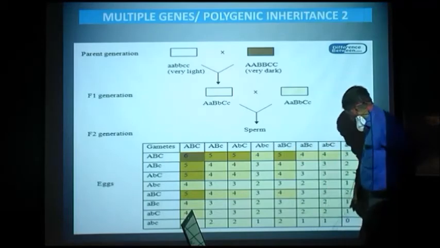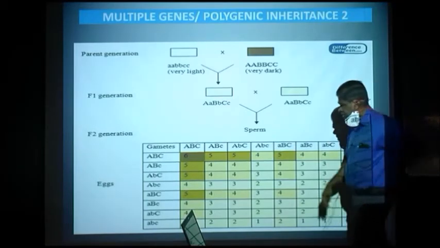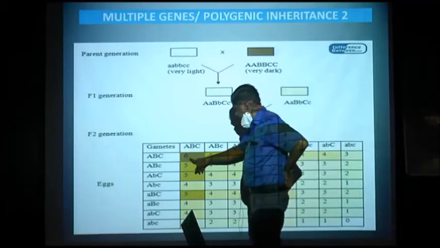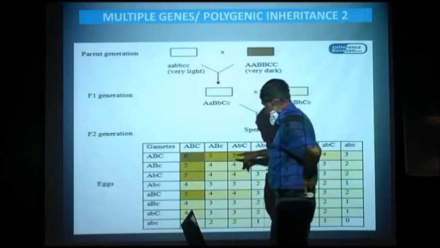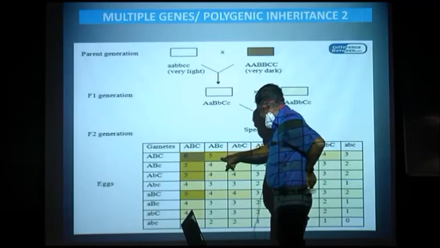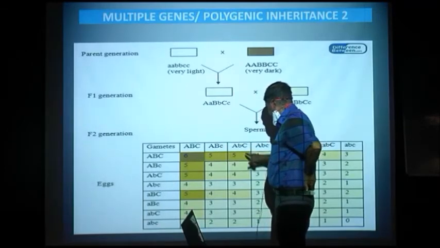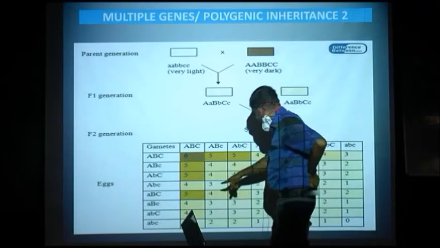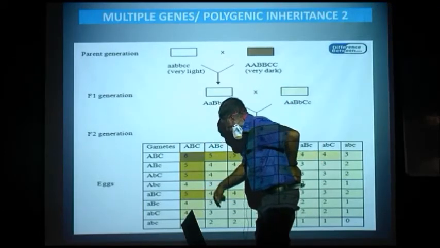Now, 0 is completely white, 6 is completely black, and 5 is less than this because 2 dominant genes are there. Here also 2 dominant genes. Here also 2 dominant genes.